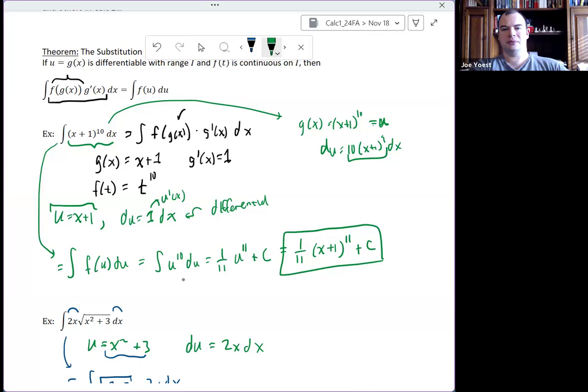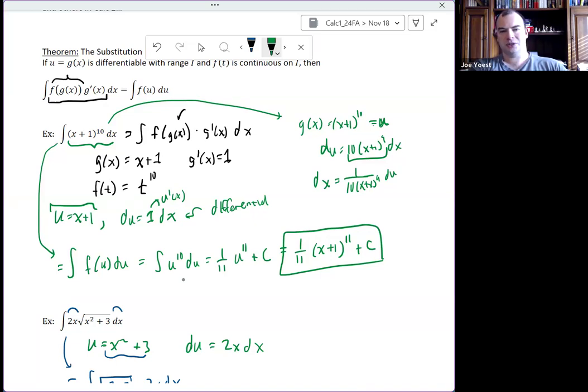Well, if I try to divide through by this, if dx is 1 over 10 times x plus 1 to the 9th du, it might feel like I could always make any substitution work, but the problem is now I've got an integral that has, what would it even be?